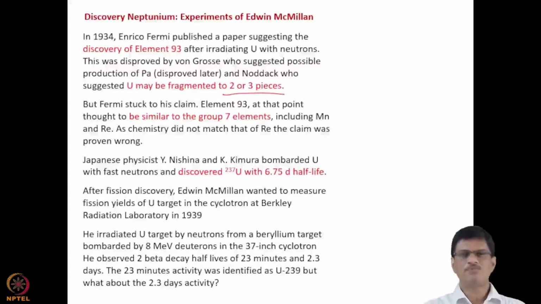He basically used thermal neutrons. The uranium target was a paper on which he had sprayed a uranium metal compound, and there he was irradiating it with neutrons.